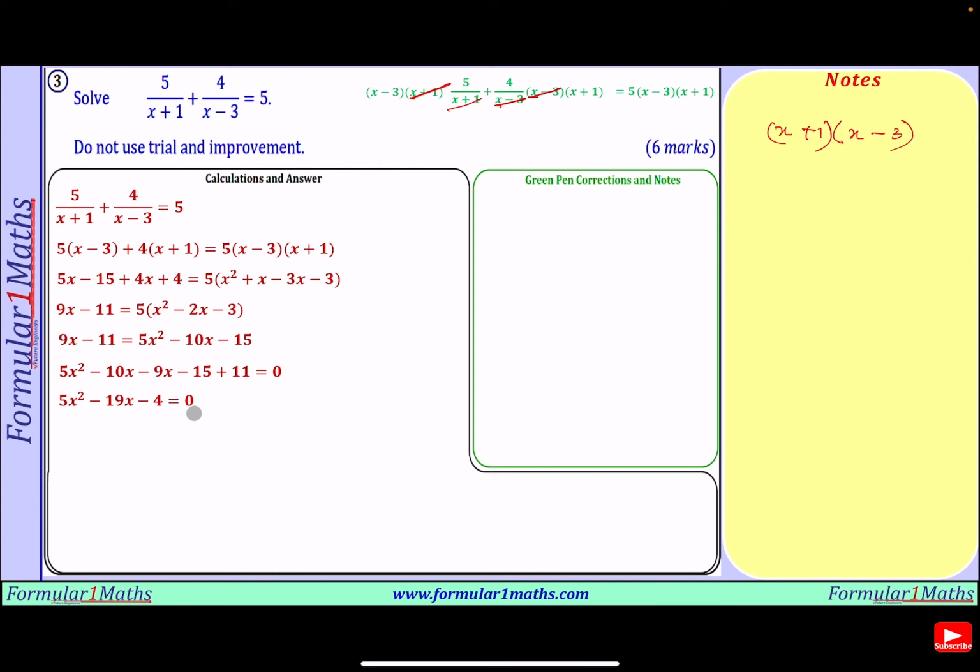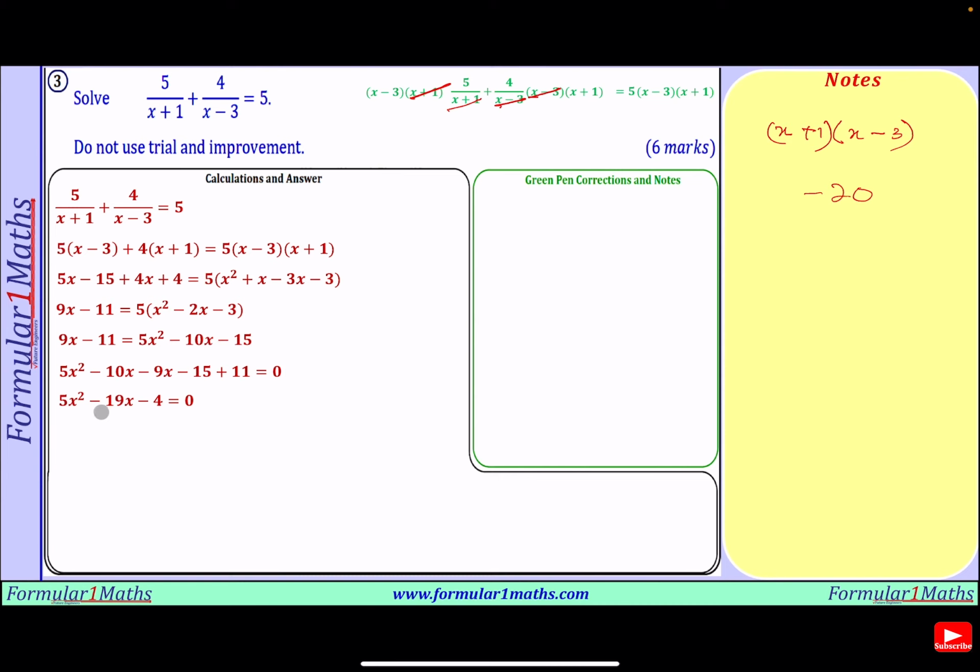So now we need to factorize this quadratic equation. We do that by multiplying the coefficient of the x squared by the constant term, which is minus 4, to get minus 20. We need now to break minus 20 down into two factors that will add to give us minus 19.